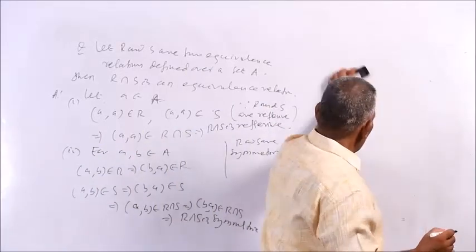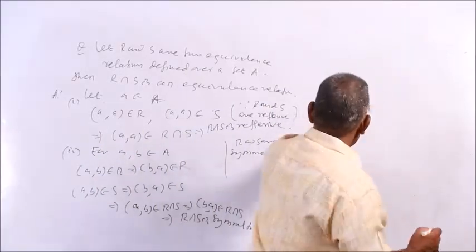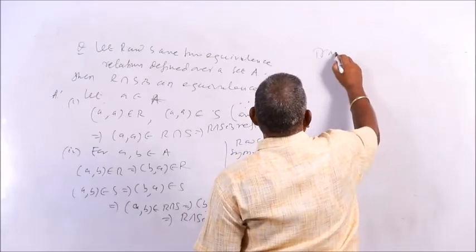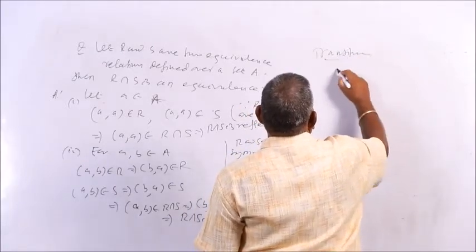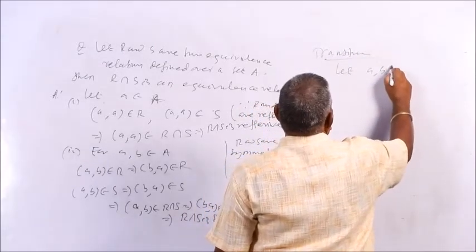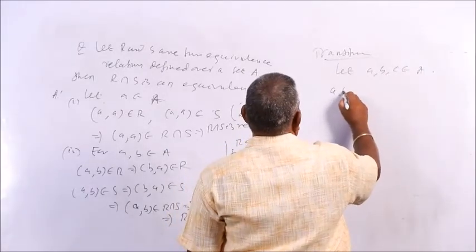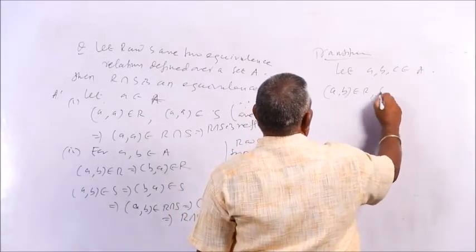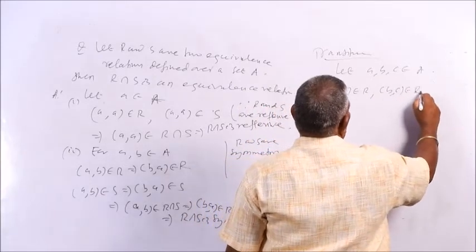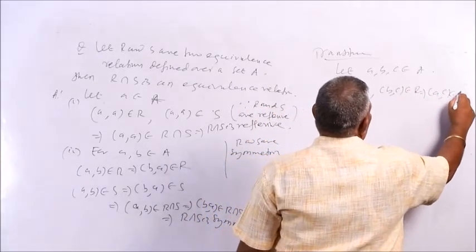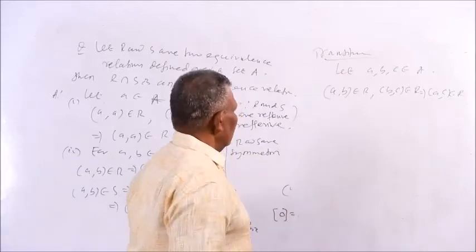Similarly, R and S are both transitive. Let a, b, c belong to A. (a, b) belongs to R, (b, c) belongs to R, implies (a, c) belongs to R, since R and S both are transitive.